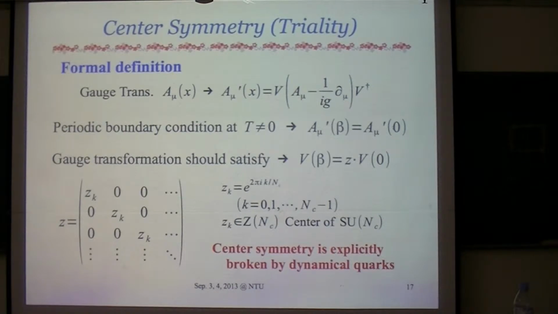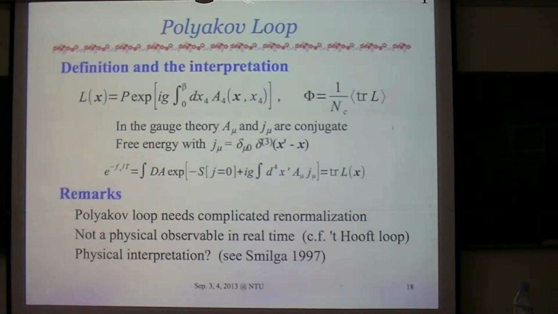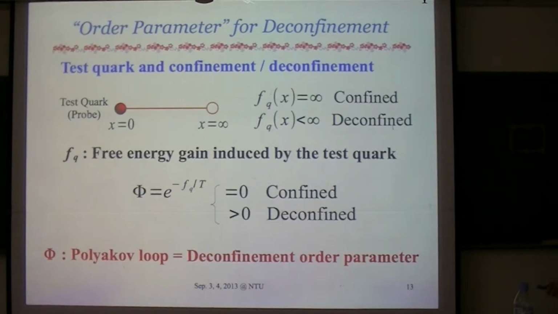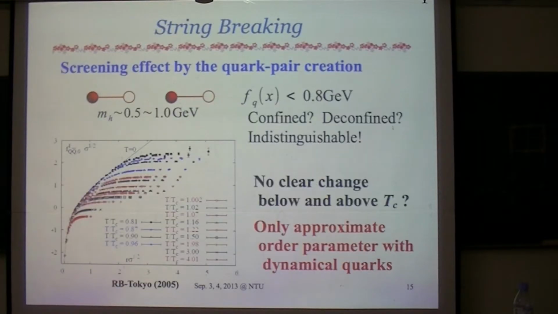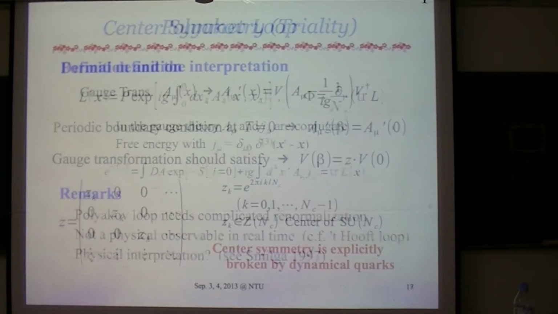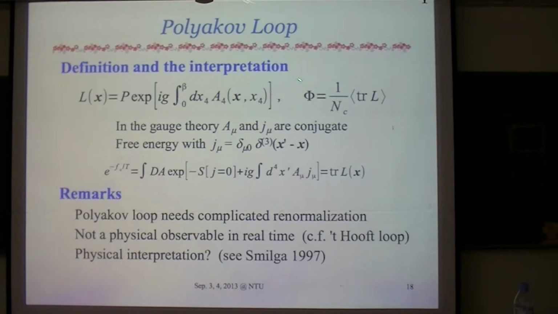So this is a bit complicated notion. Anyway, then the Polyakov loop is an order parameter for this symmetry. So as I said, the Polyakov loop is given by this free energy difference, on the intuitive level, but in the field theory, you can define this same quantity in this way. Why?